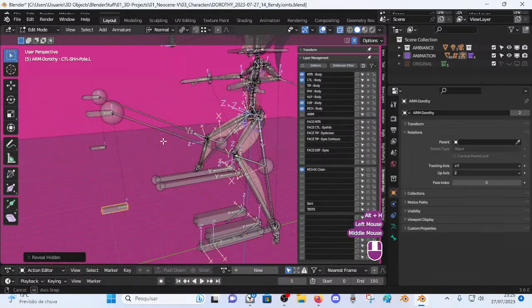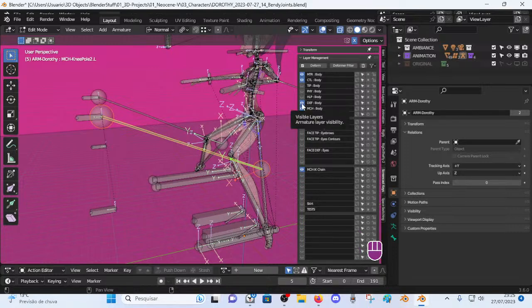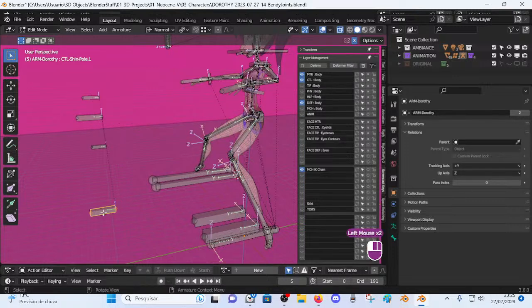Okay, I need the mechanism bone, so they are parented to that, and maybe I'm not keeping this. Well, let me keep that, not for the new one. Okay, so the shin pole, I mean.